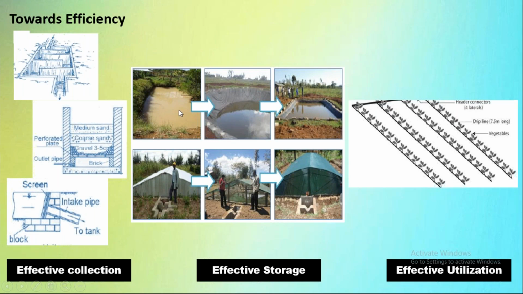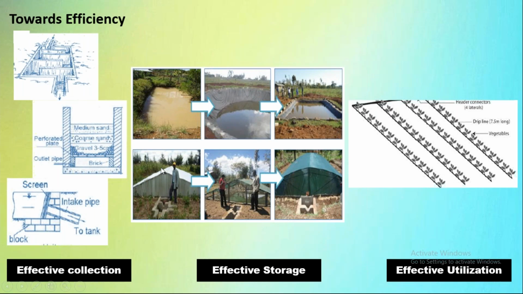Then effective storage. We have to be really careful about the losses if we go with an unlined pond, as there will be so many losses from percolation and infiltration to the groundwater. So we can use polythene lining, or moreover, if the budget permits, we can make a concrete-based pond.